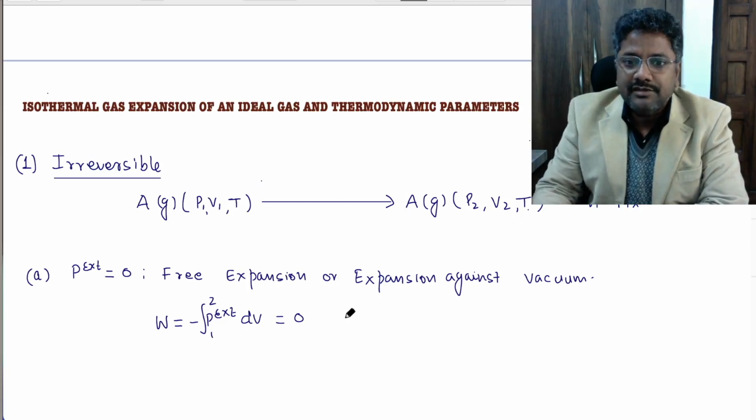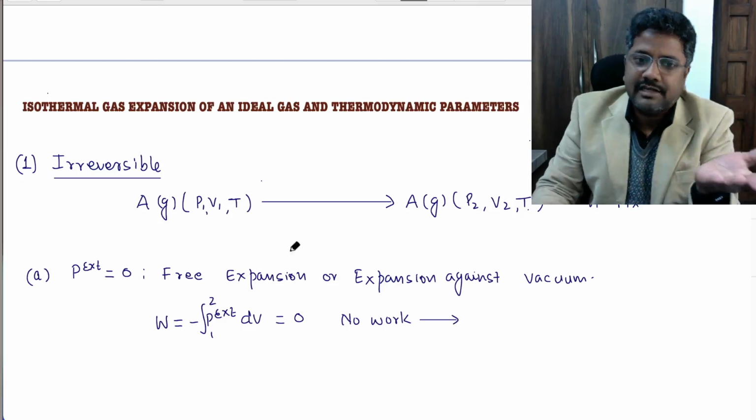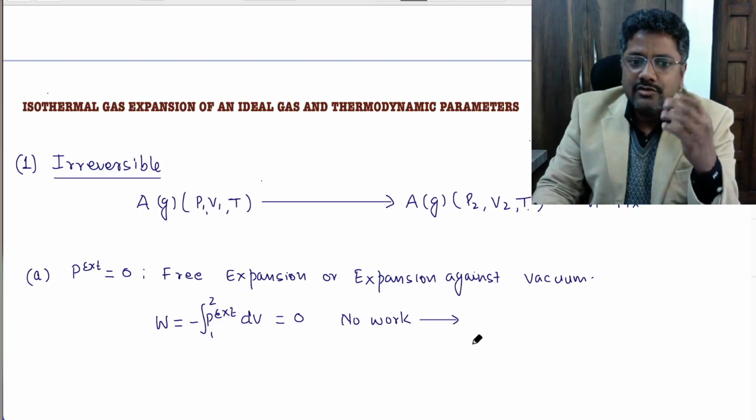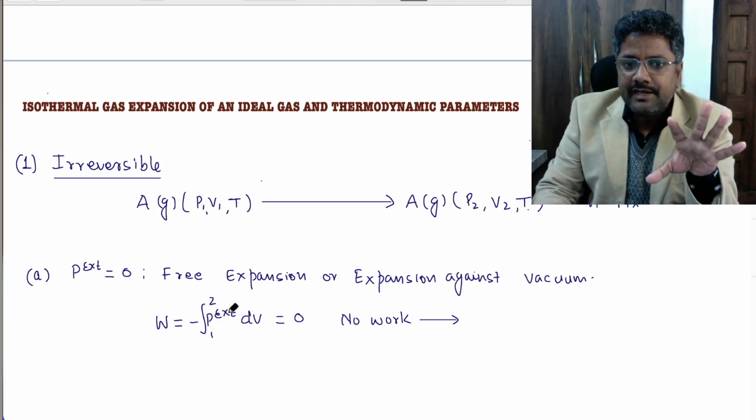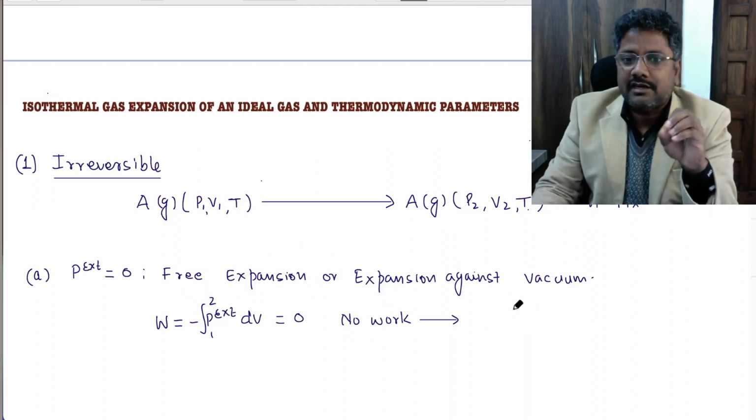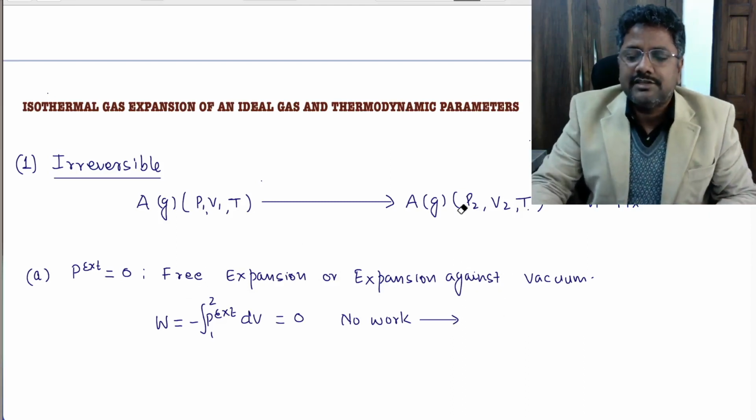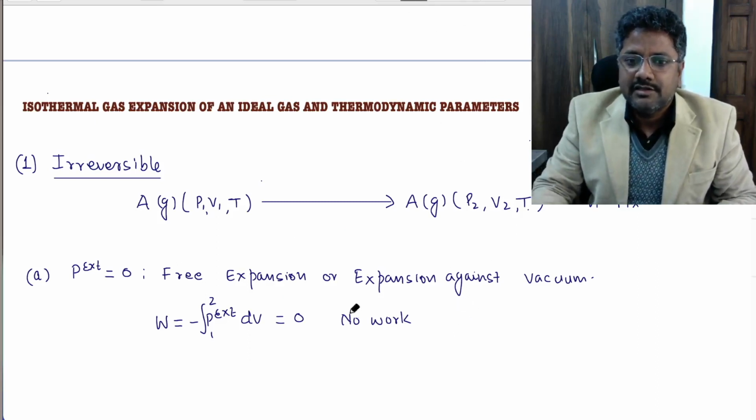No work means no energy loss. No loss in energy, and temperature is constant. So in free expansion or expansion against vacuum, no work is done by the gas.